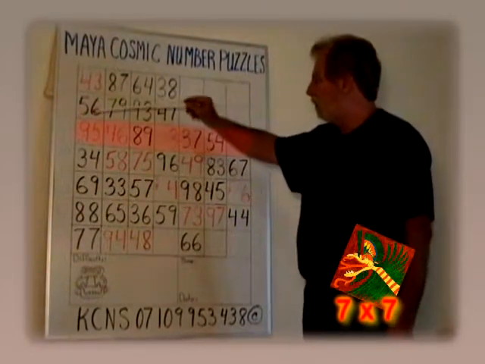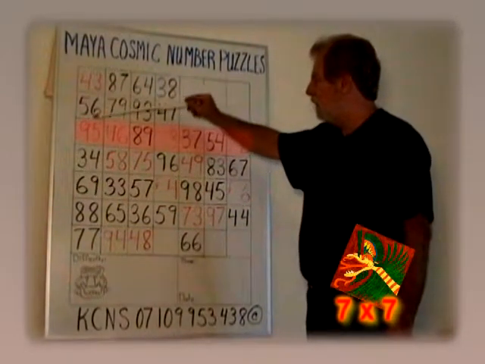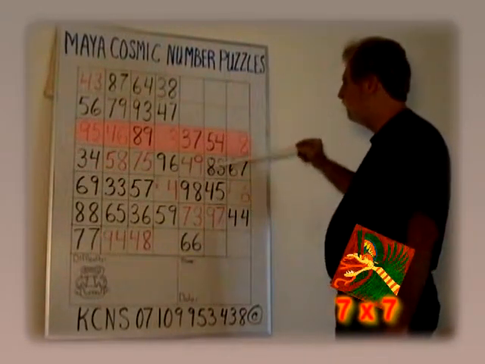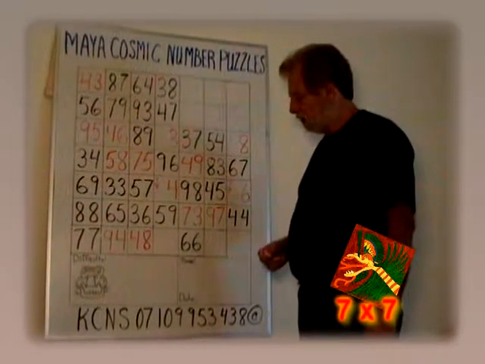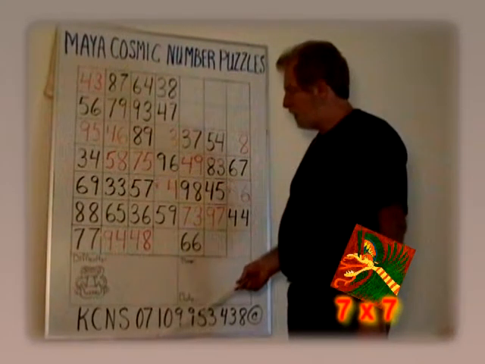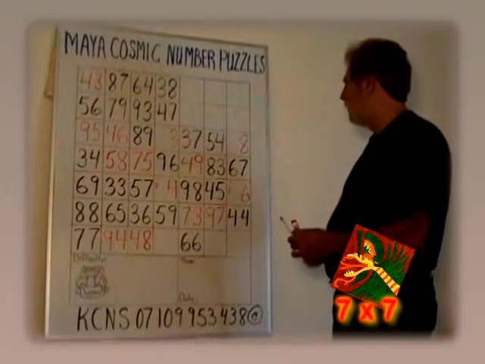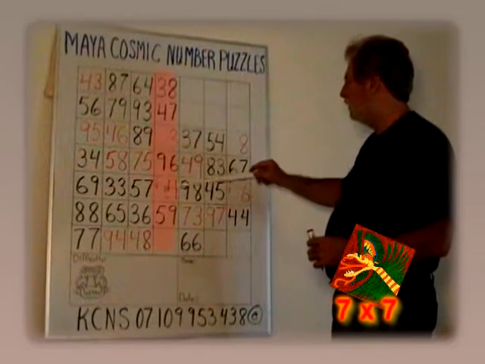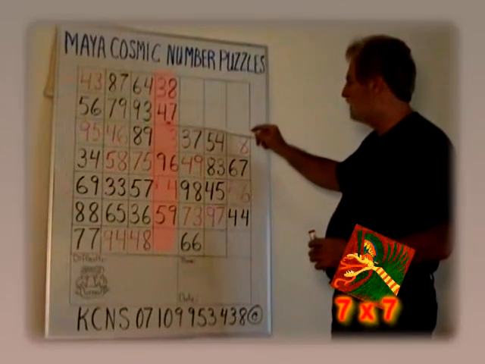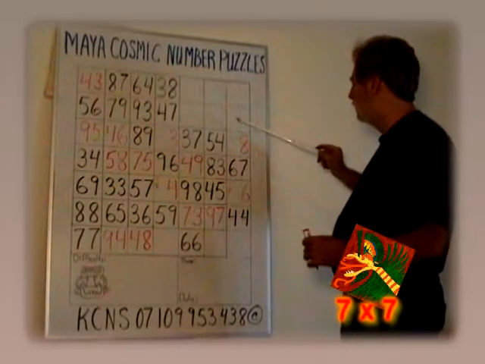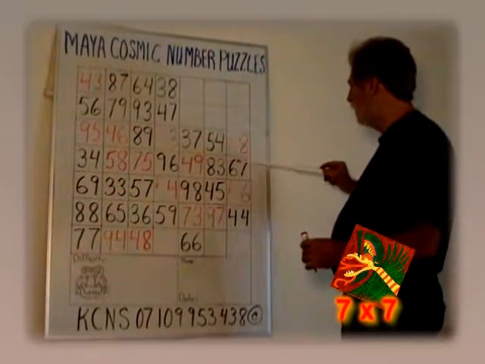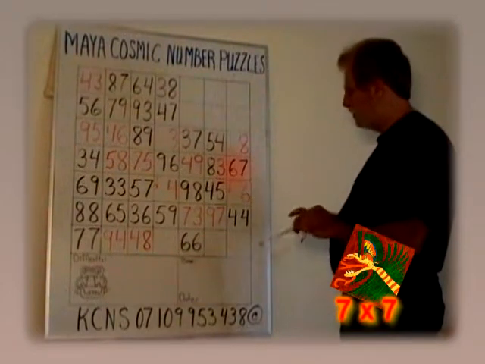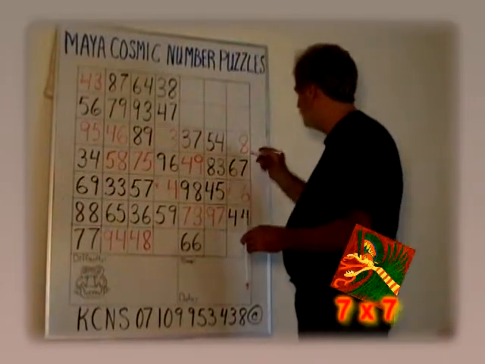When we solve for the left side, we see we have a 9, a 4, an 8, a 3, a 5. So we are missing both a 6 and a 7. When we look in this column here, we see that we do not have a 6 or a 7. When we look in this column, we see that we have a 6 here. So that means the 7 would have to go in this position here.